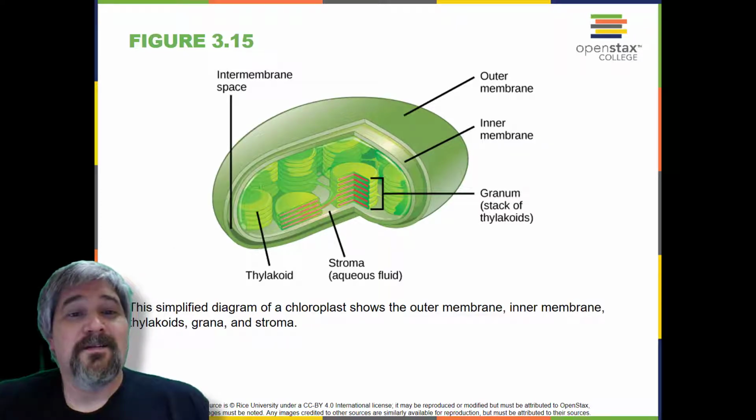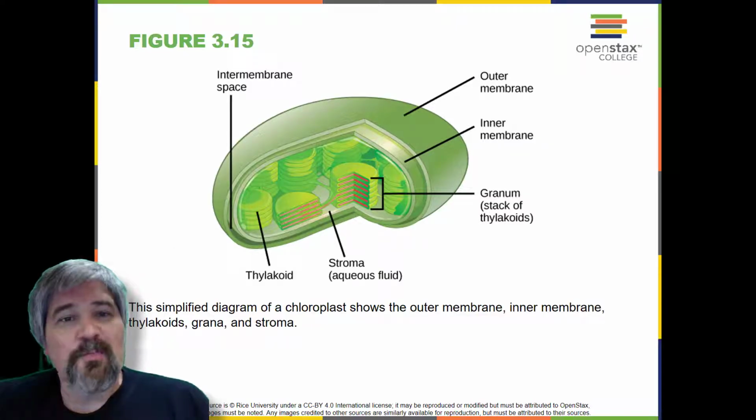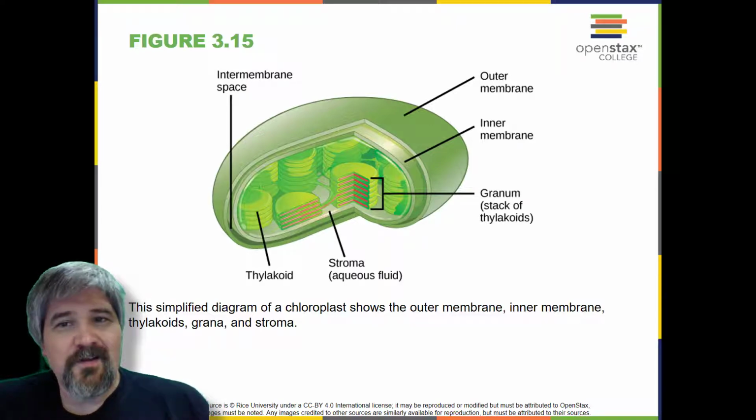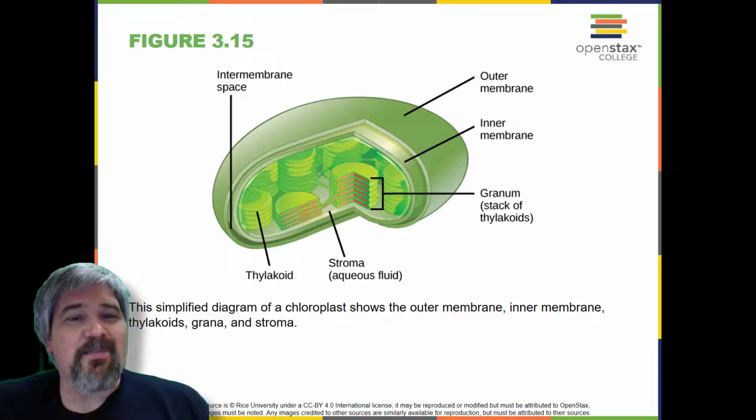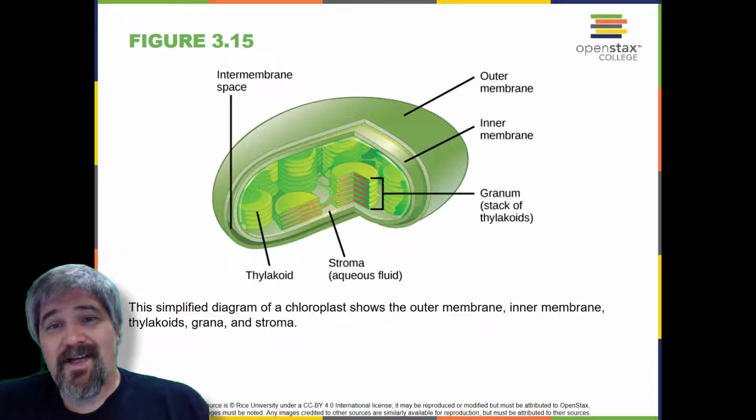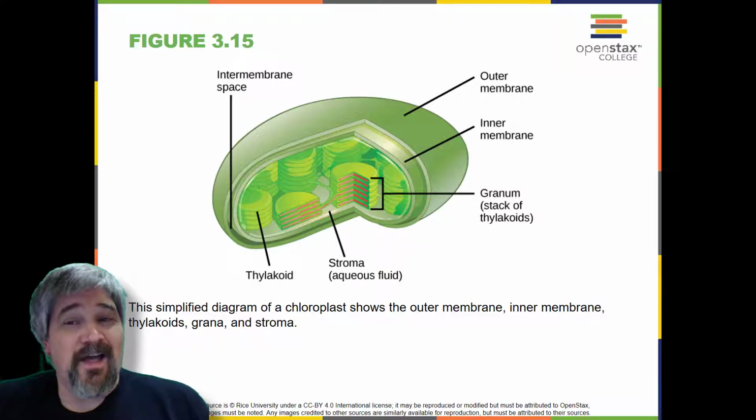Chloroplasts. Like mitochondria, chloroplasts also have their own DNA and ribosomes. Chloroplasts function in photosynthesis and can be found in eukaryotic cells such as plants and algae. In photosynthesis, carbon dioxide, water, and light energy are used to make glucose and oxygen.